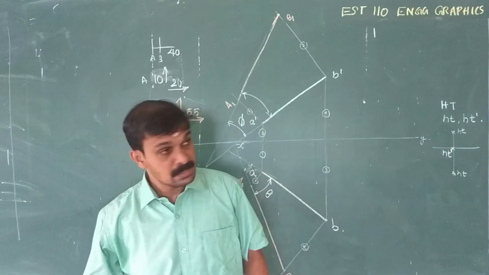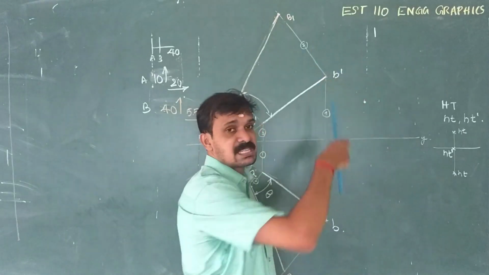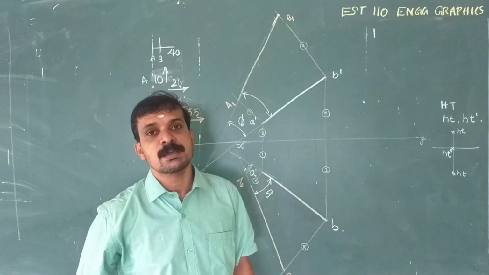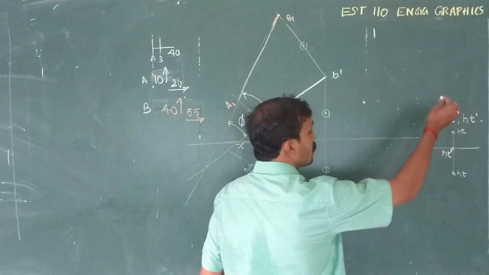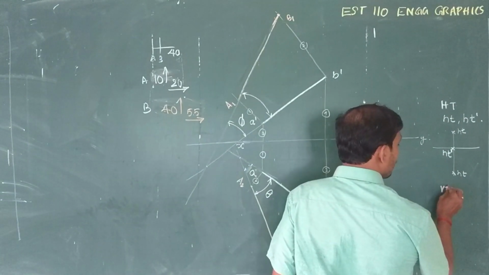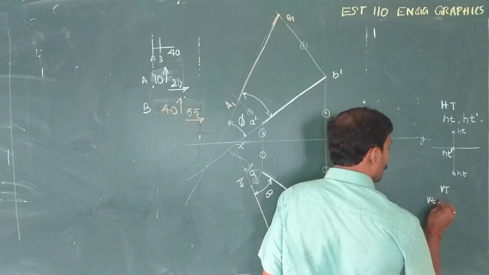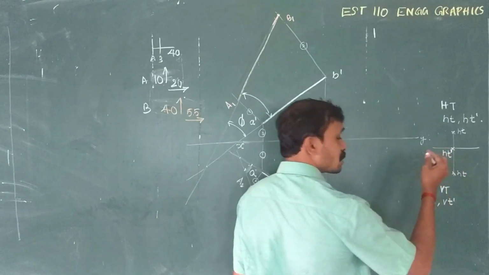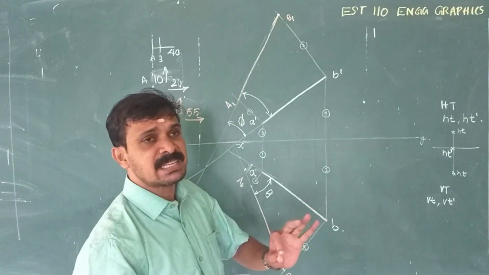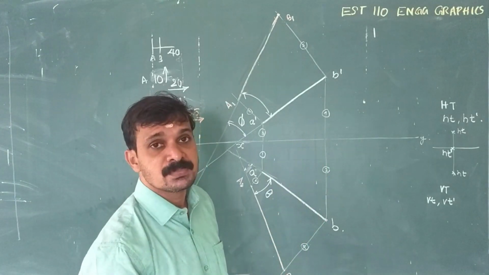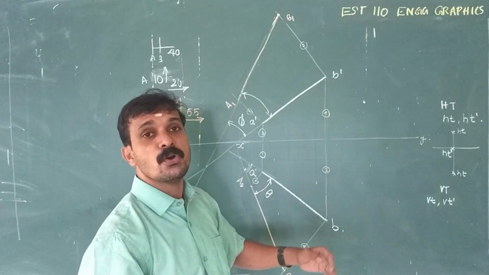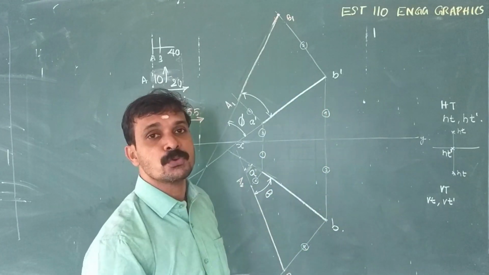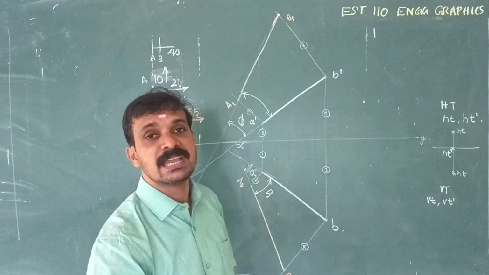Similarly, this is the vertical trace. We know that the vertical trace is a point on VP. So if VT is the vertical trace, it also will have two components, small vt and small vt dash. Since the vertical trace is a point on VP, its front view will be above or below HP, and in the top view that point will be lying on the XY line.